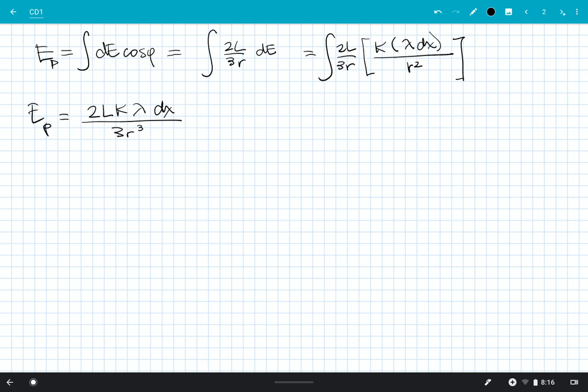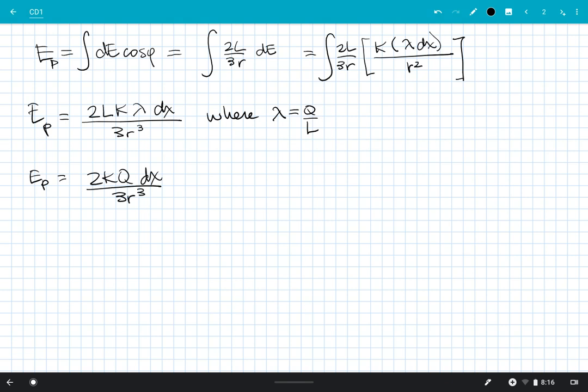And I know in this particular case that lambda is equal to Q over L, so I could sub that in. There's no one way that you have to do this, but you should understand what you're doing at every step. This will simplify a little because the L goes away, and I think that's why I like it: 2KQ dx over 3R cubed.